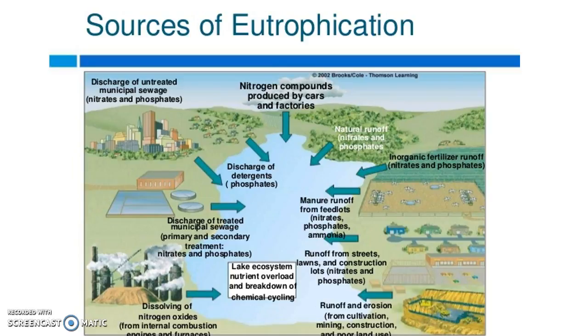So, key things to remember: 78% of the atmosphere is nitrogen, but we can't use that nitrogen, right? We rely on nitrogen fixing bacteria that live in the soil or live in nodules on roots of certain plants to fix that nitrogen into what we call nitrates. We then take up those nitrates, we use them to perform bodily functions.